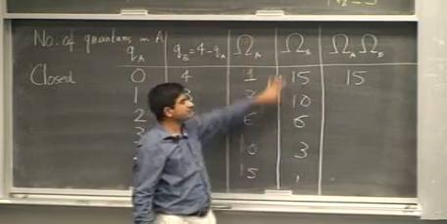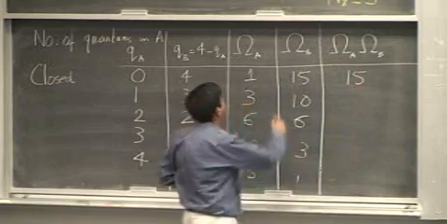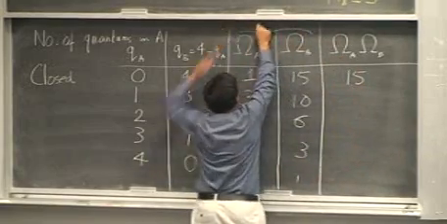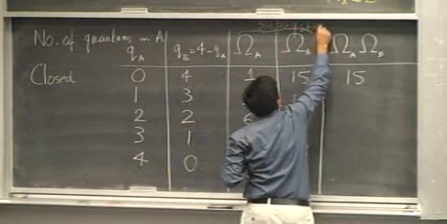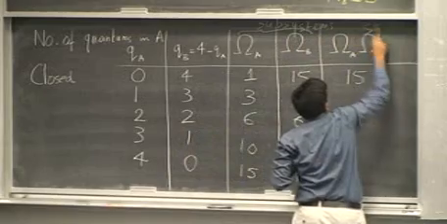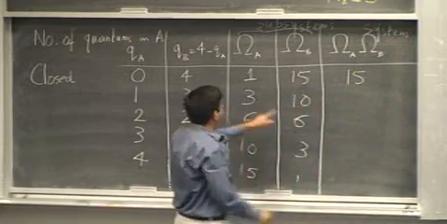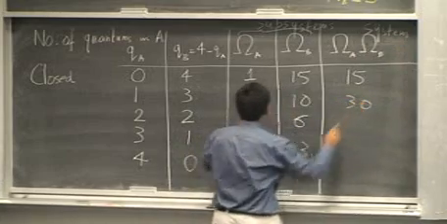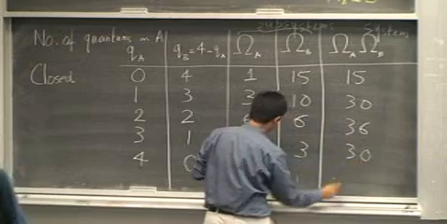A is a subsystem, B is a subsystem, and this is the total system. I multiply these numbers, I get 30 here, 36, 30 again, and 15.